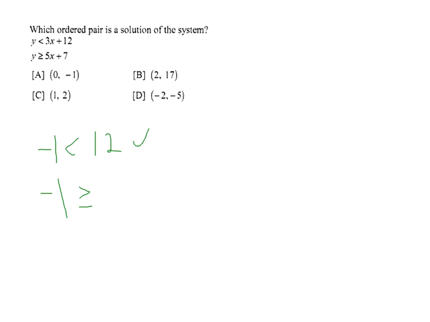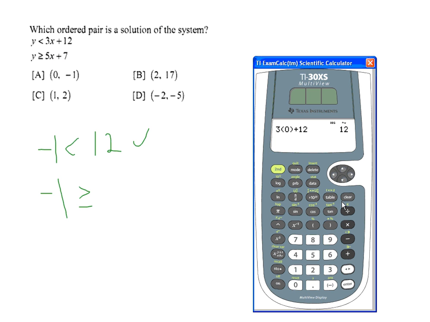So we're going to go 5 parentheses 0 in for x again, because that was my x coordinate, plus 7. And if -1 is greater than or equal to this, then this is my answer.